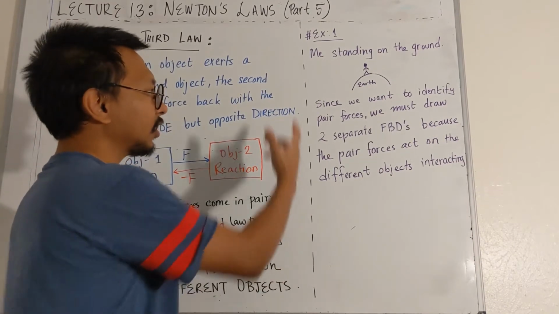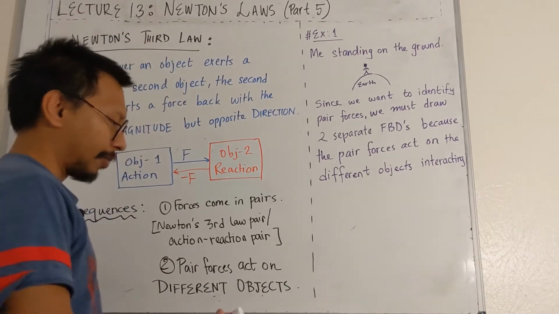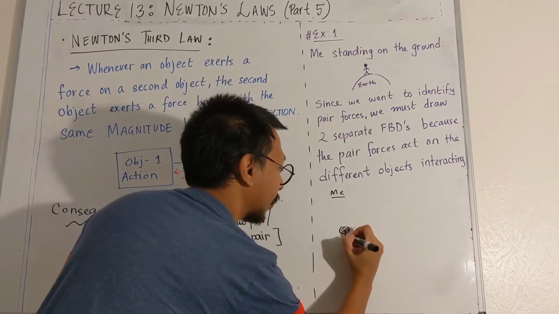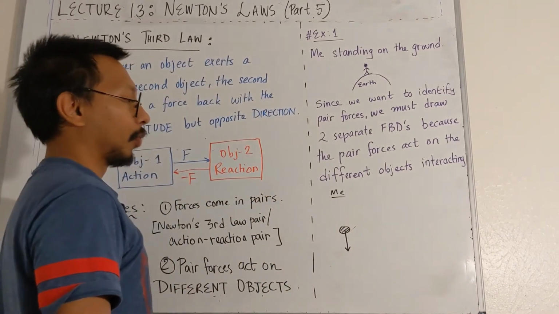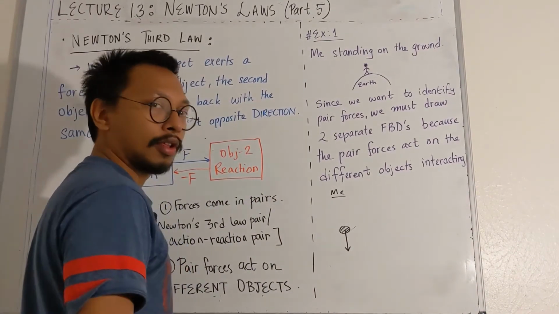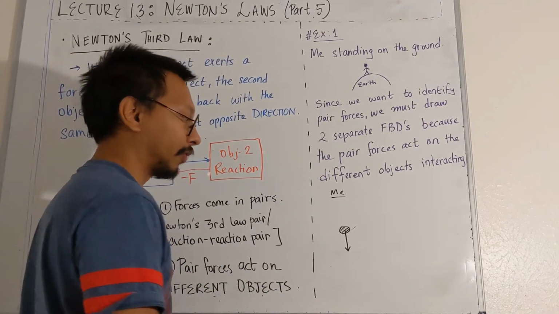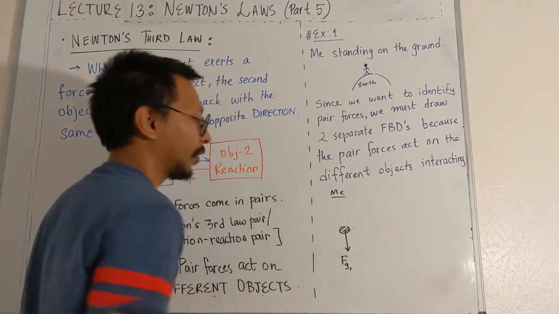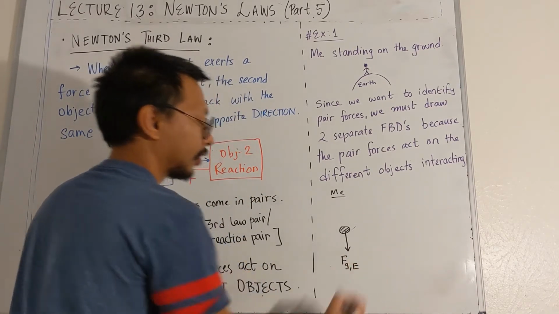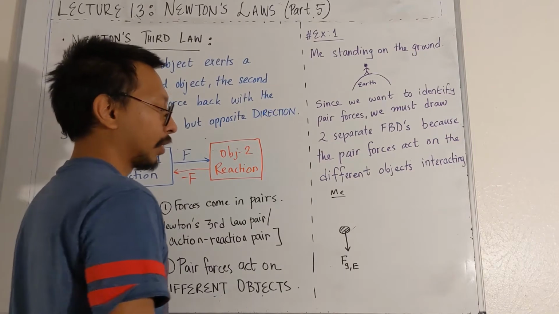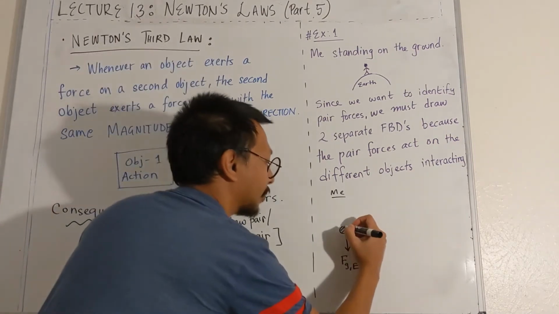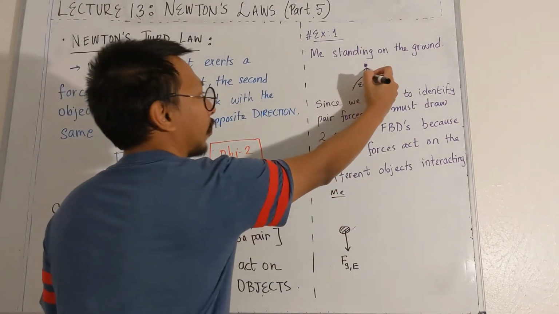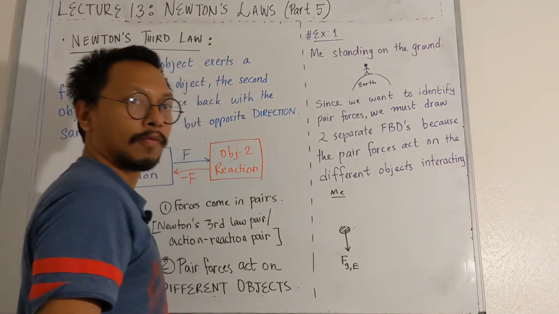Alright, so let's start with my free body diagram. Let's say this is me. I have a mass, so I will have a weight, that is, I will feel the earth pulling on me with its gravitational force. Let's call this Fg, exerted on me by earth, subscript capital E. And then I'm standing on the surface of the earth, so the ground will exert a normal force on me.